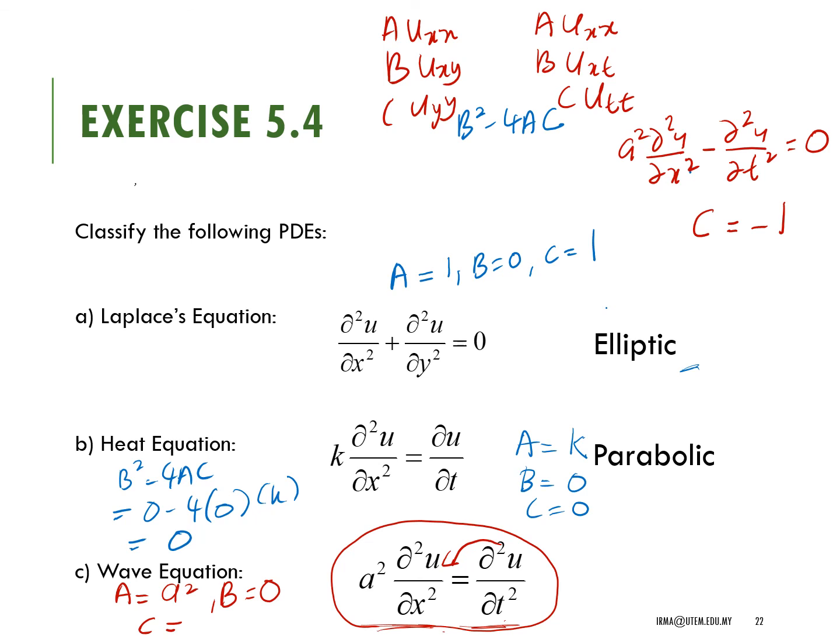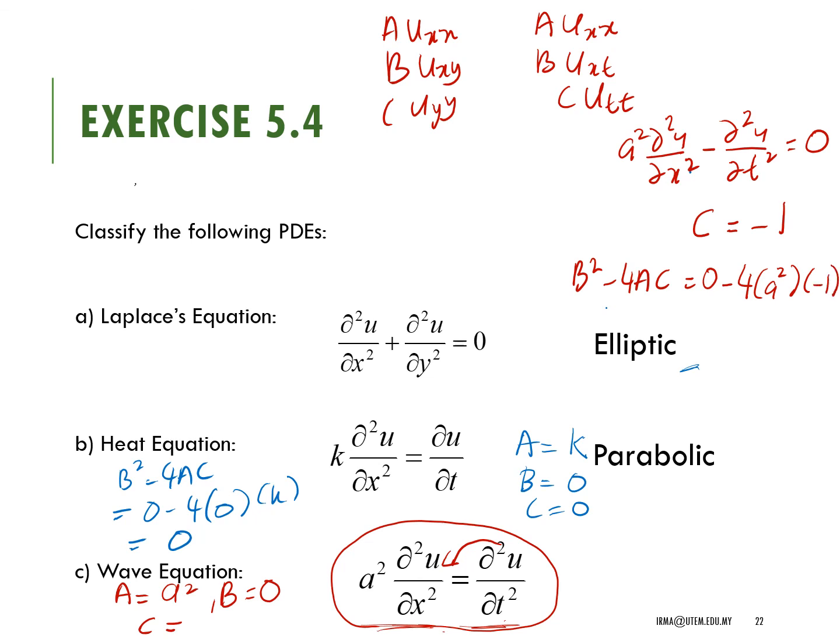So C is equal to −1, A equals a², and B equals 0. If you solve for b² − 4ac, you will get 0 − 4 times a² times −1, which is 4a². We know that a² always gives a positive value.